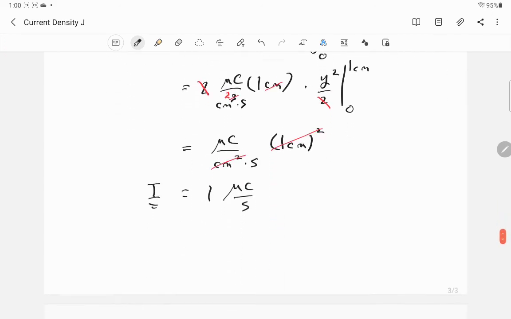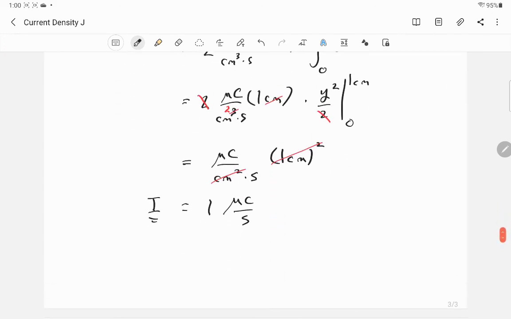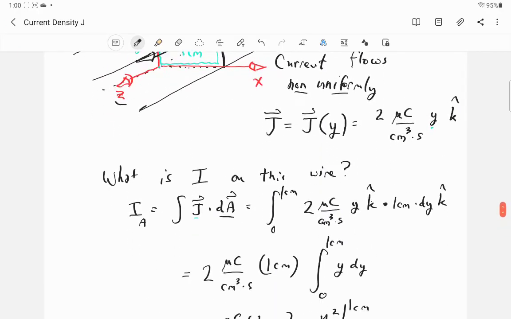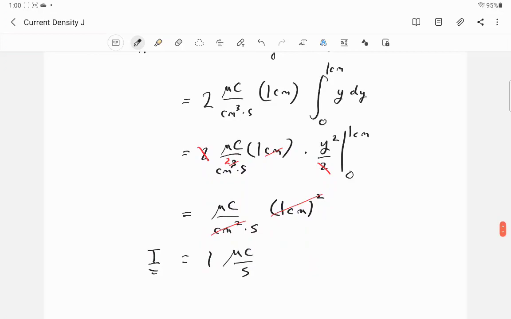I'm a teacher, so I get to choose values such that answers are simple. But in homework problems and quiz problems, you would likely have a more realistic scenario where the numbers aren't just 2's and 1's. But notice that the units are nice. This is 1 microamp. Microcoulomb per second is a microamp.